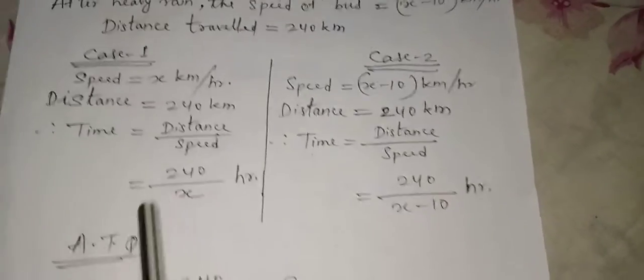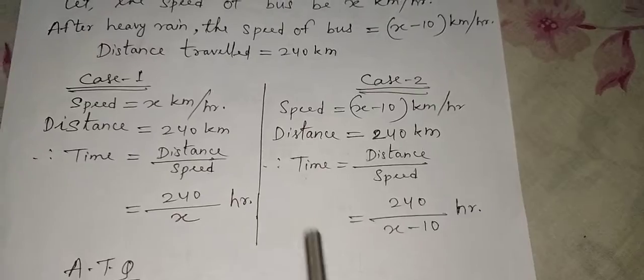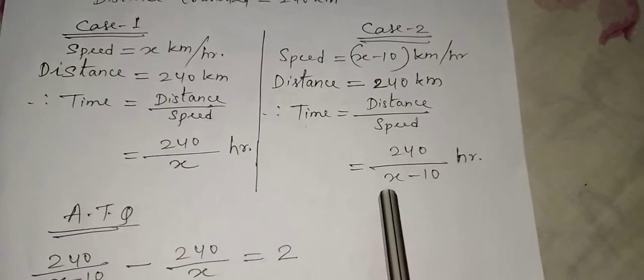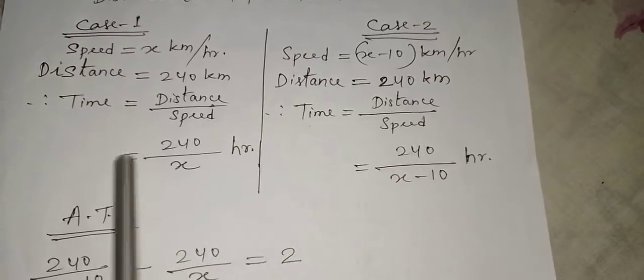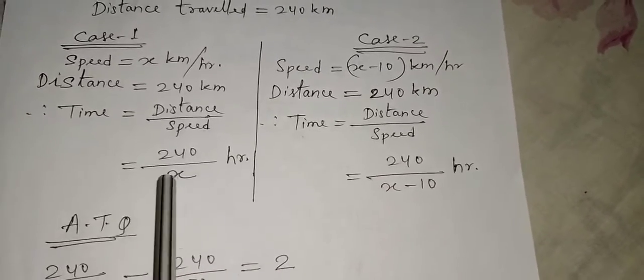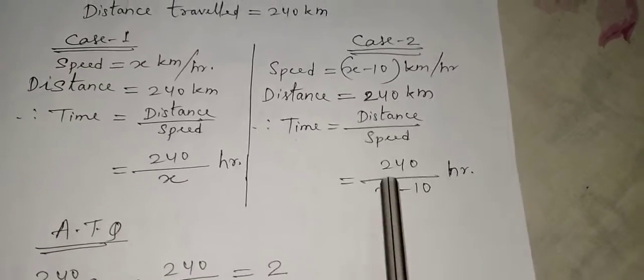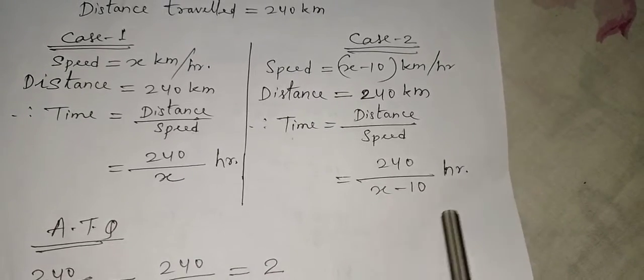Now what happened? They are saying that when the speed got reduced, the bus took 2 hours extra time. That means I can say this time is 2 hours more than this time. This is less time and this is more time, because the time taken by the bus in case 2 after rain was more.